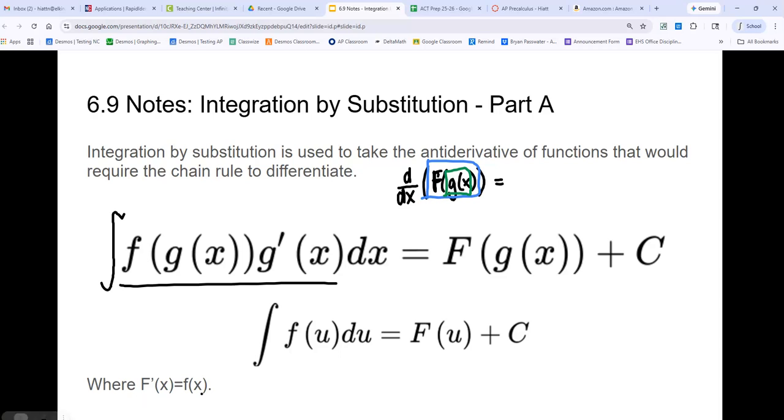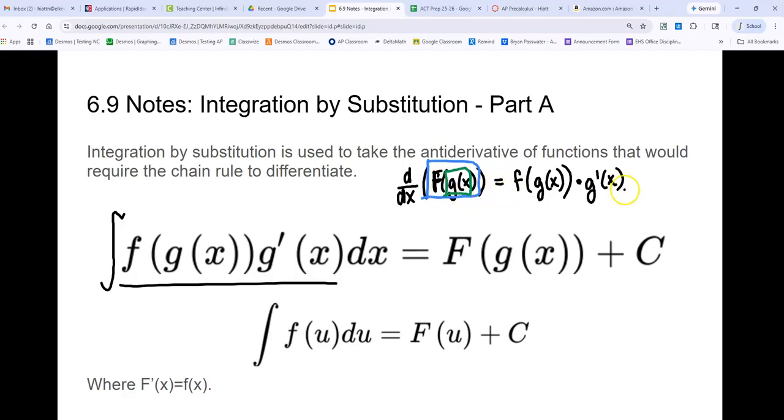We just said it was going to be lowercase f, and I have that written down here so we know for sure that is the case. Or we could call it capital F prime, but we're going to use that lowercase f, right? And then I got to leave g of x alone. And then what do I have to multiply by there? G prime of x. So notice the derivative of f of g of x is this.